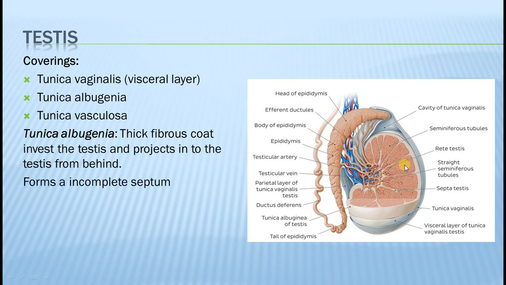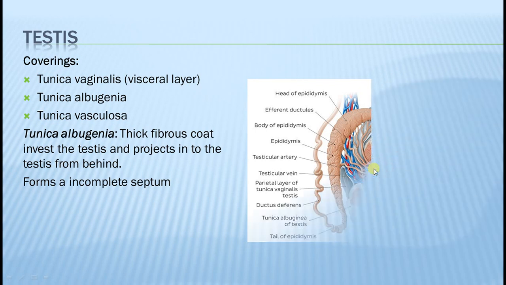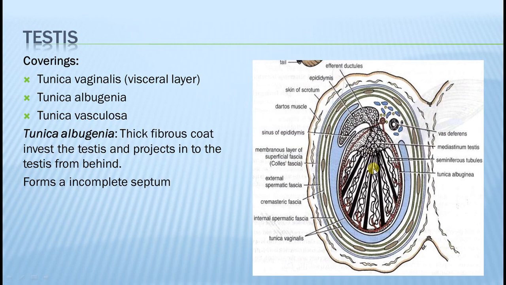It is not a complete septum dividing the testis into two equal halves. Just posteriorly, to some extent, it forms a septum called as the mediastinum testis. So the tunica albuginea projects to form a mediastinum testis.